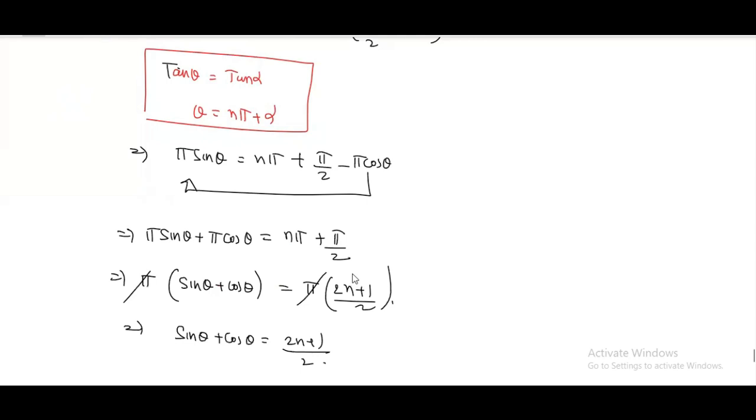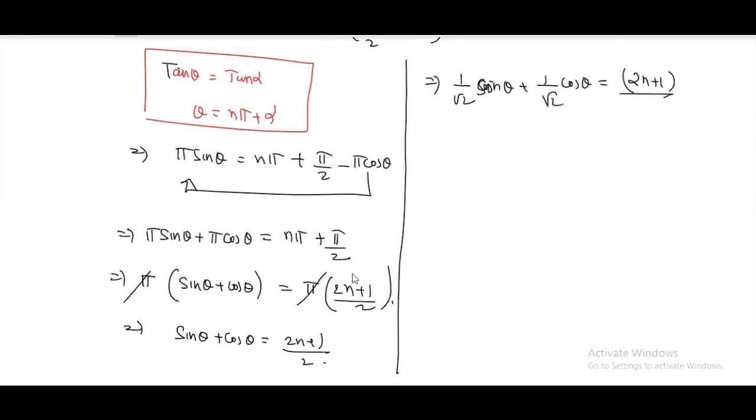So what we will do is divide with root 2 on both sides. When you get this kind of situation, a combination of sin theta and cos theta, divide with root 2. So you'll get 1 by root 2 into sin theta plus 1 by root 2 into cos theta is equal to 2n plus 1 by 2 root 2. So I can write sin theta cos pi by 4, that is 1 by root 2, plus cos theta sin pi by 4 is equal to 2n plus 1 by 2 root 2.